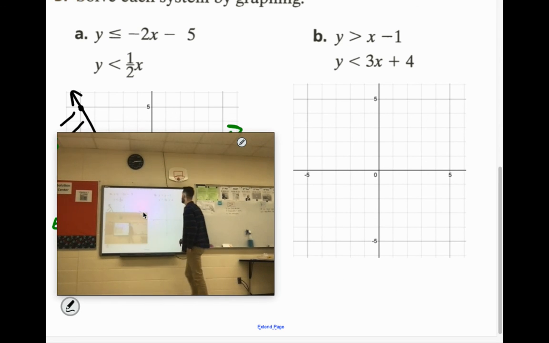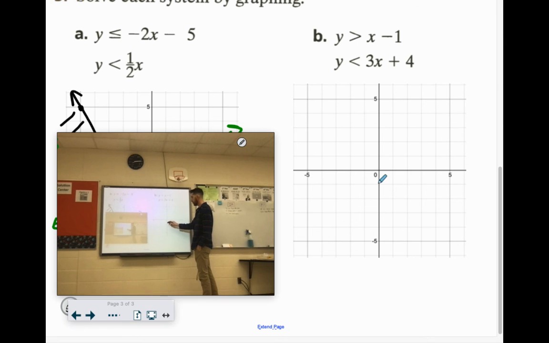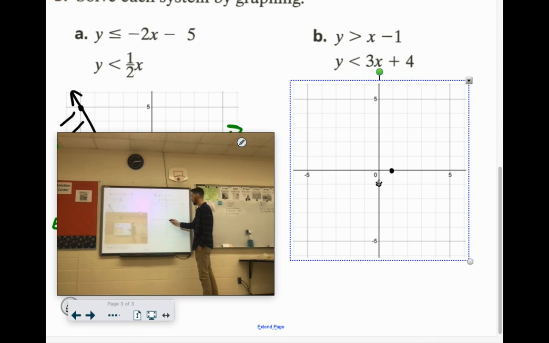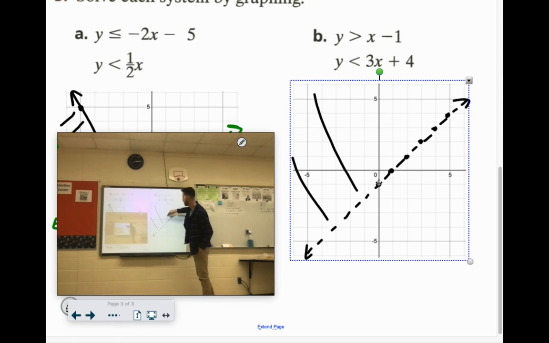All right, x minus, go down 1, slope is 1. This would be a dashed line. And it is greater than, so that would shade everything above that line. Second one, 3x plus 4, go up 4.